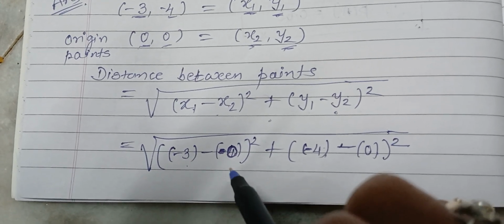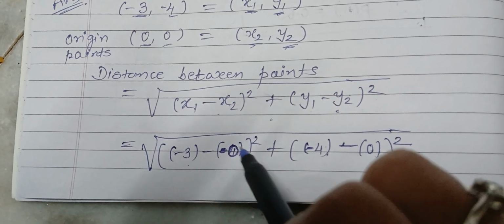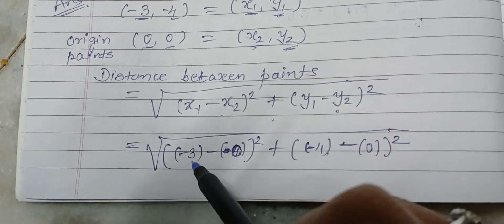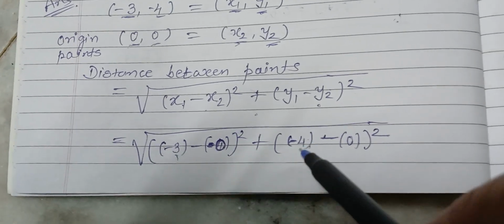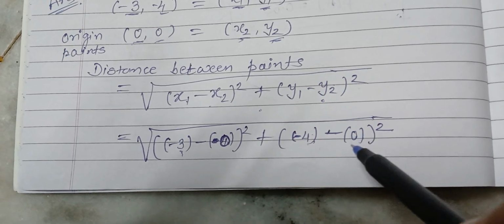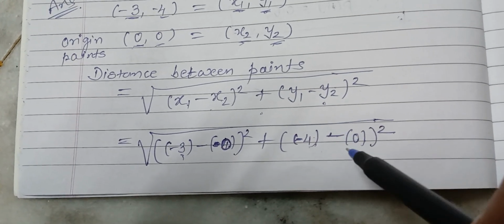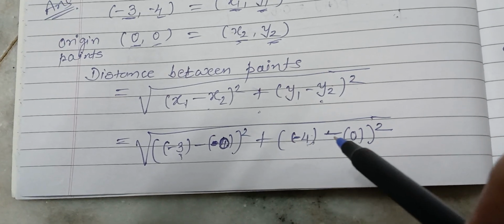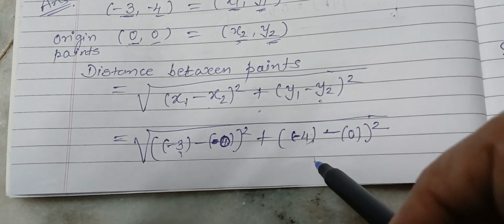If we are subtracting something from the -3 but it is 0, that means we are not subtracting anything, so the number itself remains -3. And from the -4 we are subtracting 0, that is we are not subtracting anything, that 0 is nothing. So -4 minus 0 remains -4.